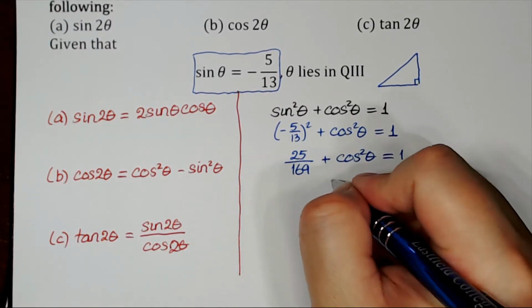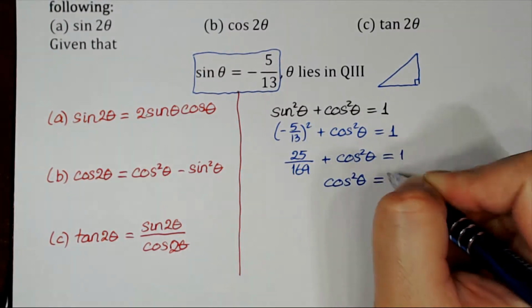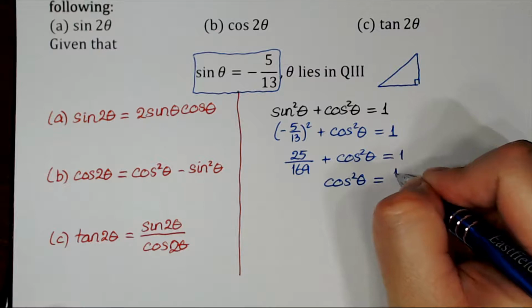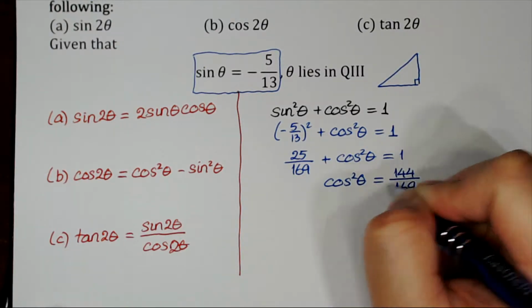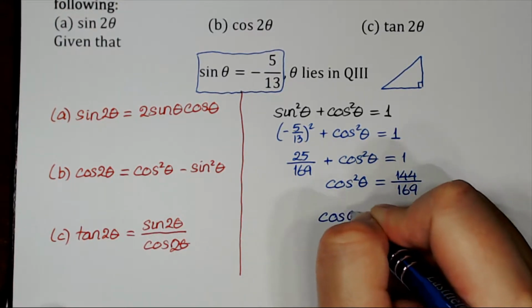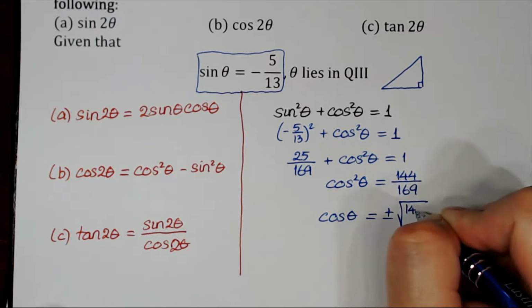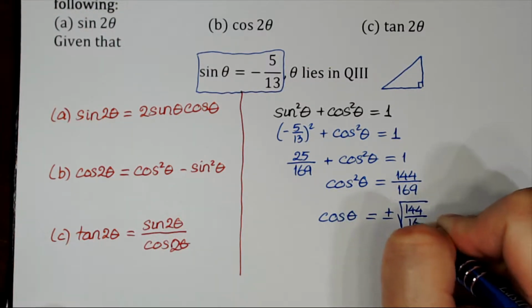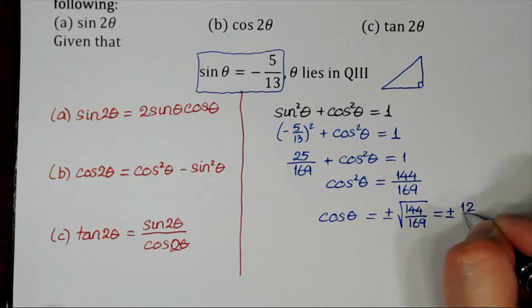Subtract that on both sides, we have cosine square is equal to 144 over 169. Taking the square root on both sides, we should have cosine theta equal plus or minus the square root of 144 over 169, which will be plus or minus 12 over 13.